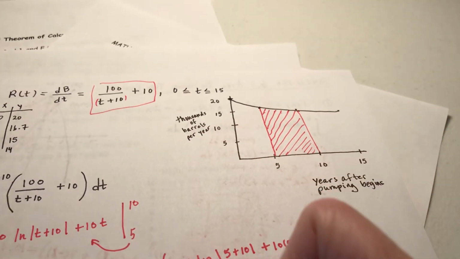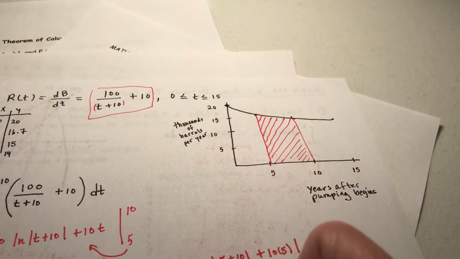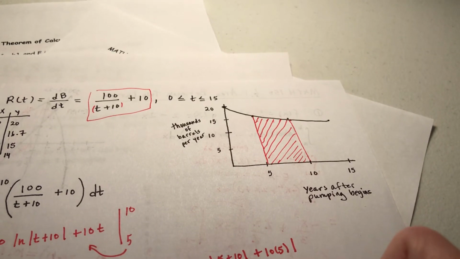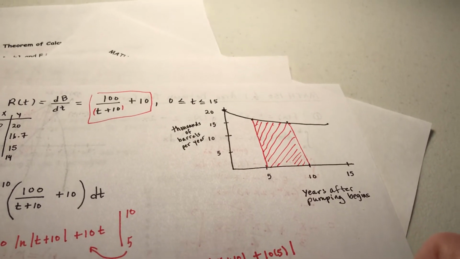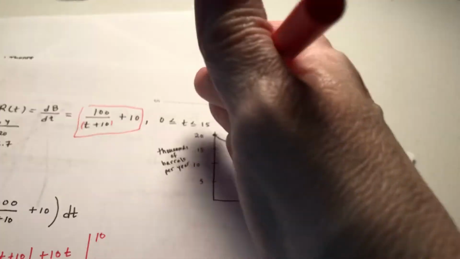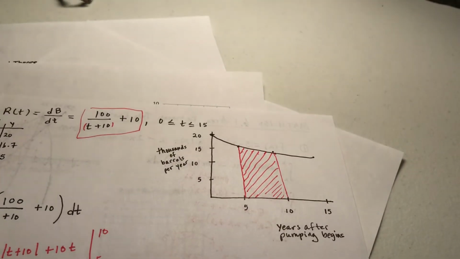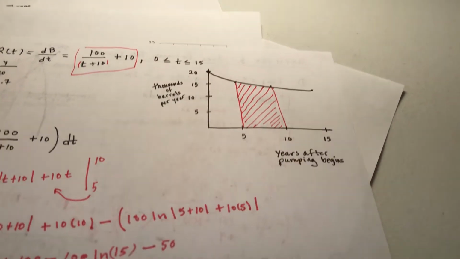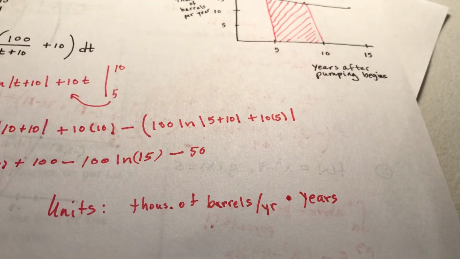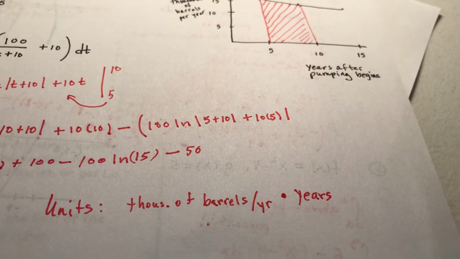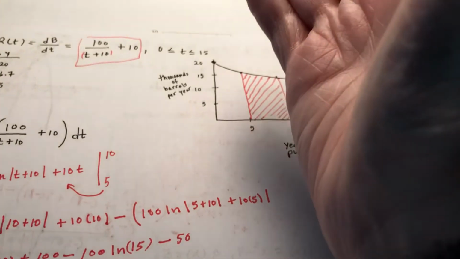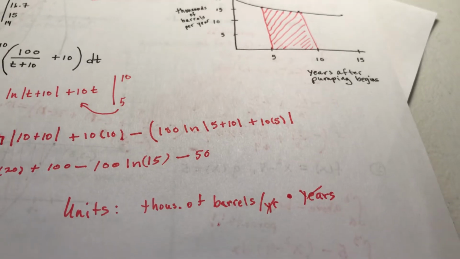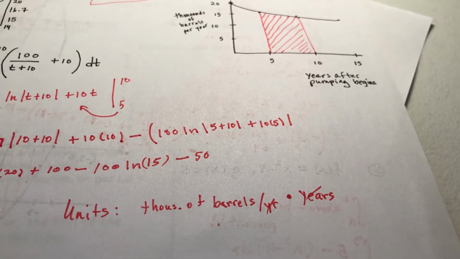So this is going to be thousands of barrels per year on the y-axis, multiplied by years. So you're doing your x-axis units times your y-axis units. The years cancel and you have thousands of barrels.